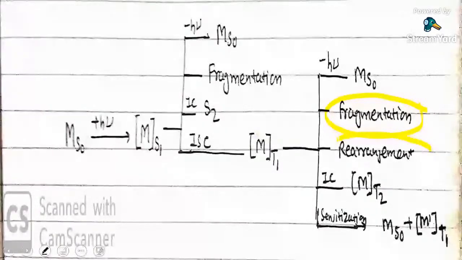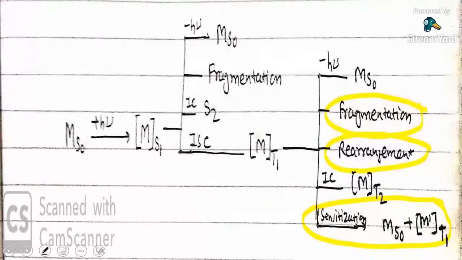There are different rearrangement reactions which we have already seen, such as cis-trans rearrangement, then di-pi-methane rearrangement, then 2+2 cycloaddition reaction. So all those are rearrangement reactions. Then we have seen the sensitization reactions also, where the addition of oxygen takes place through the sensitization mechanism.